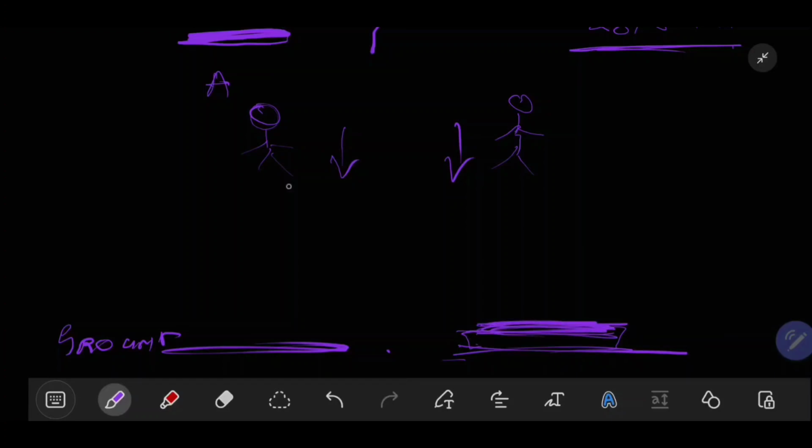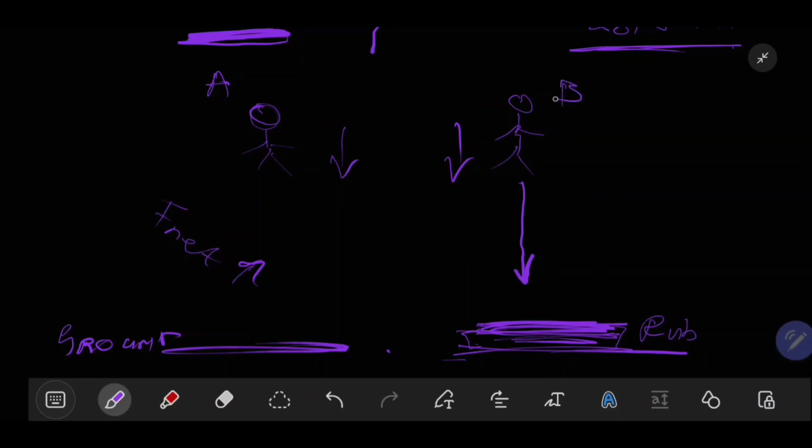So when person A reaches the ground, exactly the ground, obviously the bones will be crushed and everything. So this person will experience a larger force because immediately when the person hits the ground, he or she will experience a force over a short period. But when person B hits the ground, he or she will be supported by this rubber mattress here.